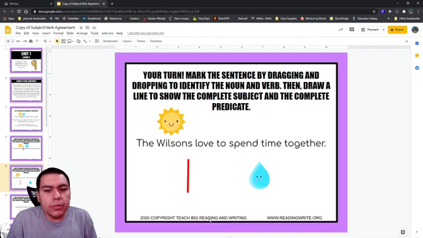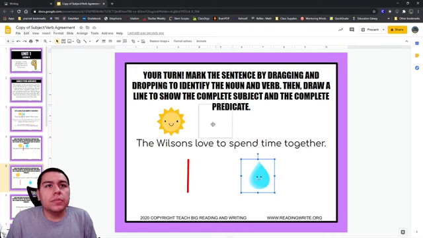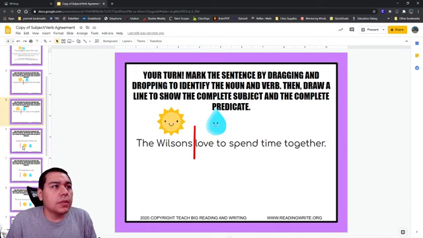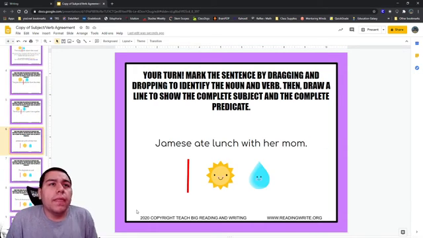What is it saying about the Wilsons? Brianna? That they love to spend time together. They love to spend time together. So we have our line, and we put it right there. Subject, the Wilsons, and the predicate, they love to spend time together. Okay?